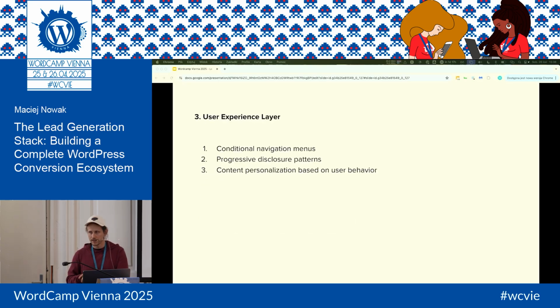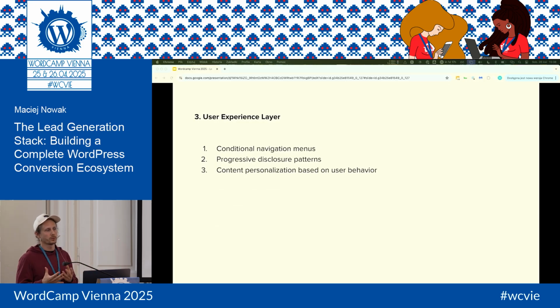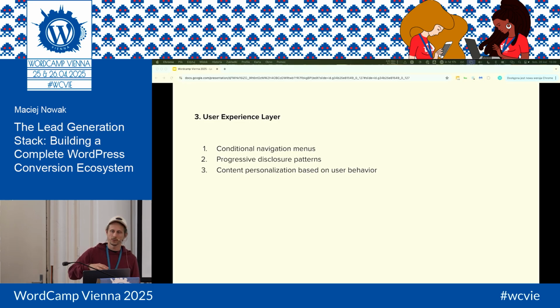So the user experience layer is a combination of all of the tools that make your website a great experience for your customers. On one hand, this is the layout of the content. This is how the content is displayed. This is how it behaves. For example, this can be manifested by personalization. You are a returning customer, you get different communication.